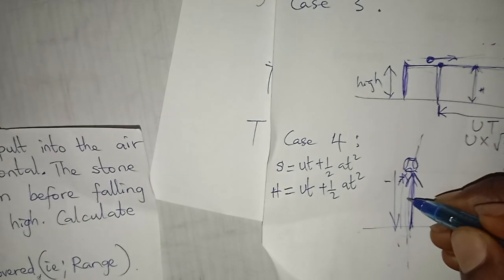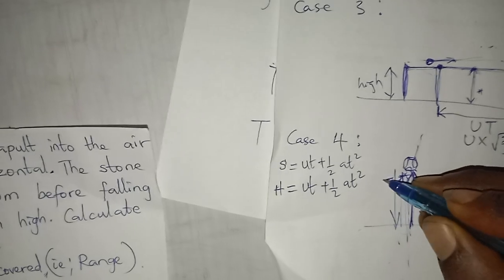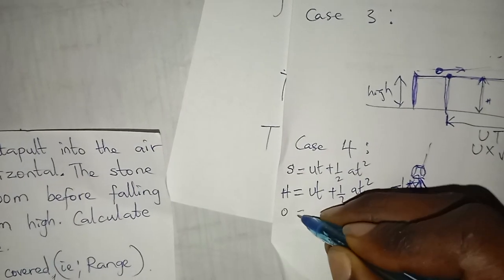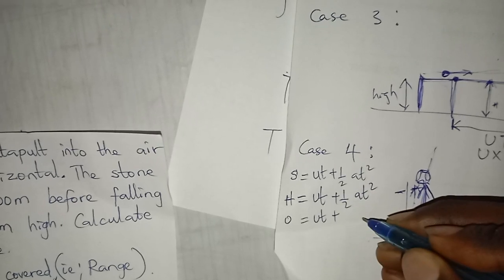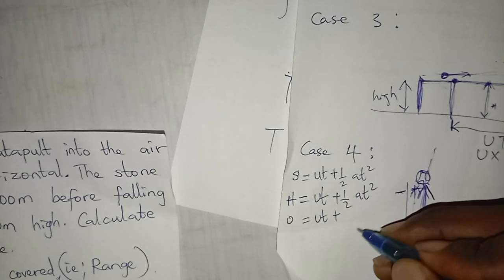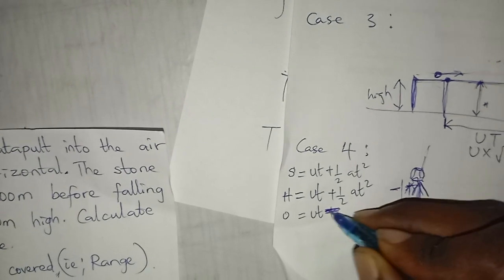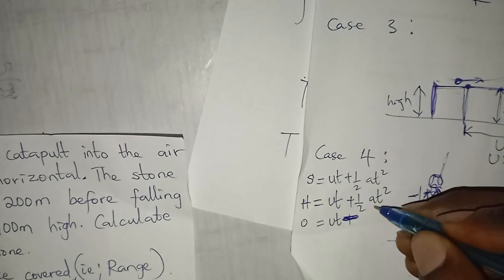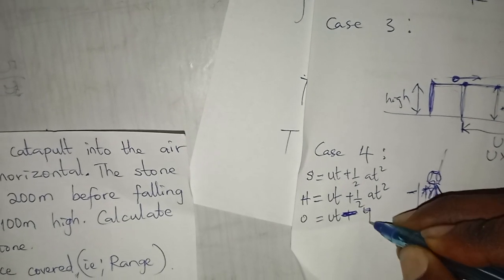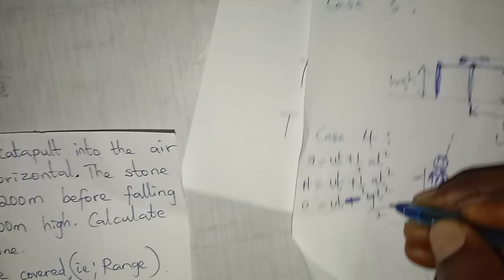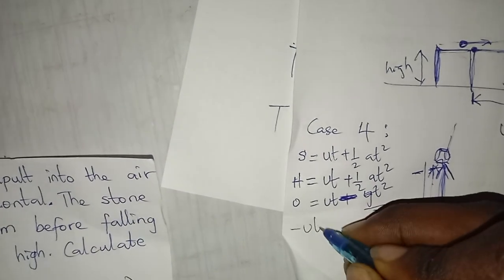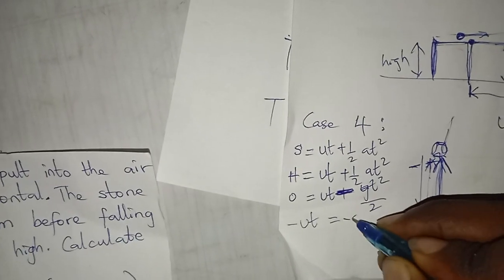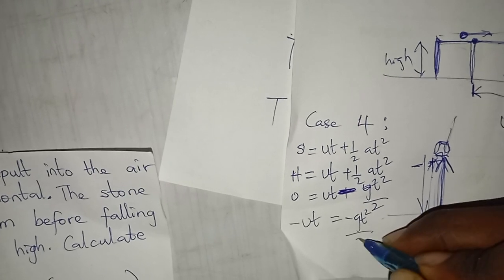And see, when it's going up it is plus, when it's coming down it is minus, so this is going to be 0 equals ut, plus, and remember, for the fact that it went up, this becomes minus gt square over 2. Let this cross equal to, because minus ut equals minus gt square over 2.